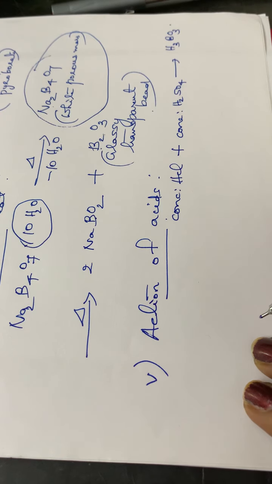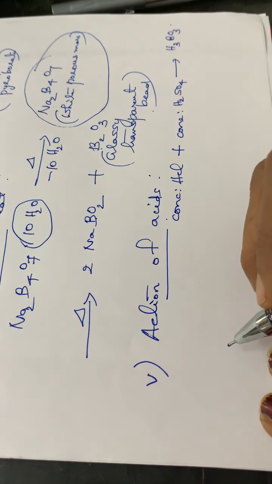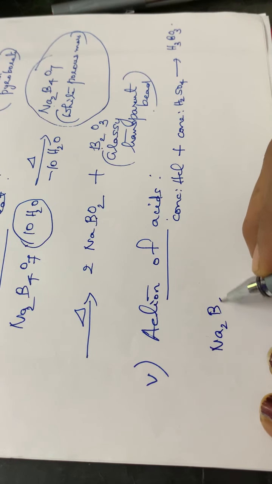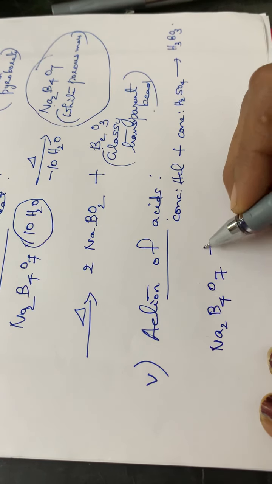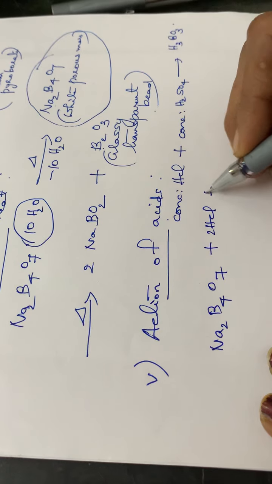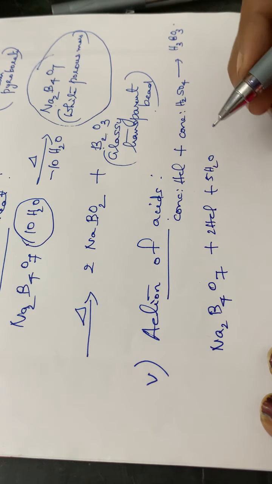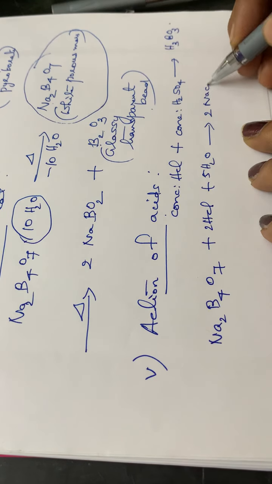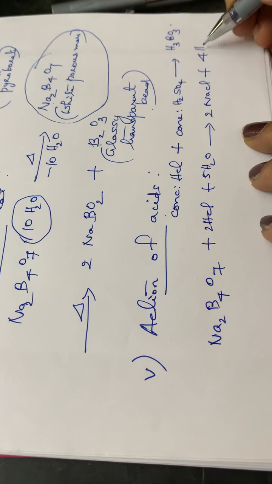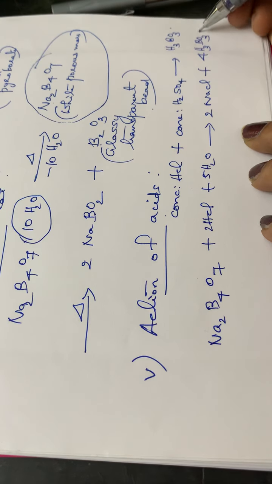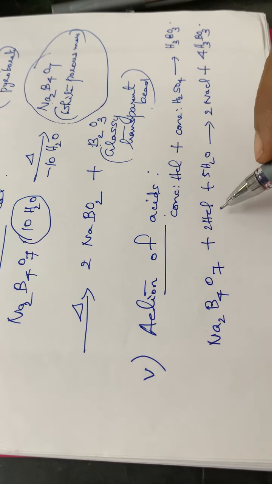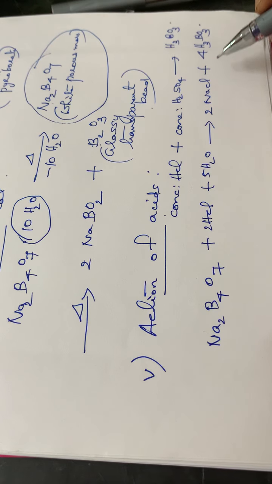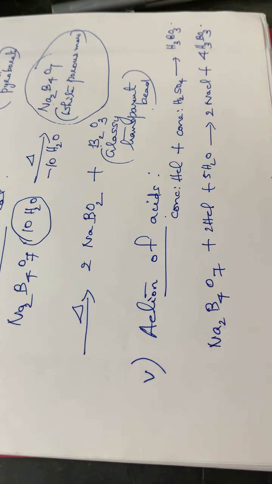Okay, so write down the equation. Borax, Na2B4O7 plus 2HCl plus 5H2O giving 2NaCl plus 4H3BO3.